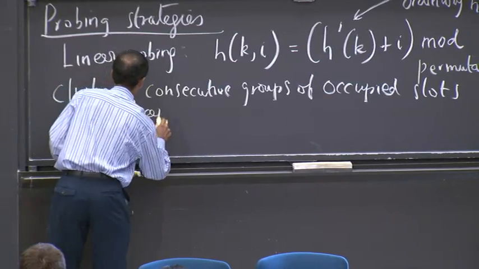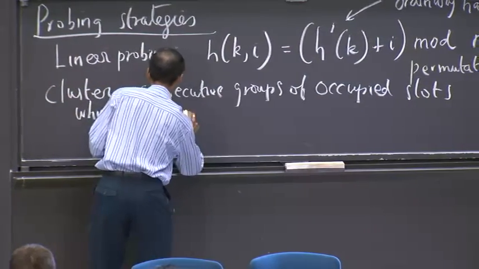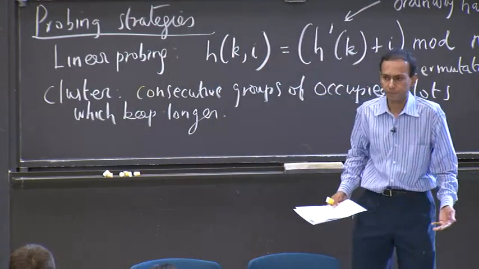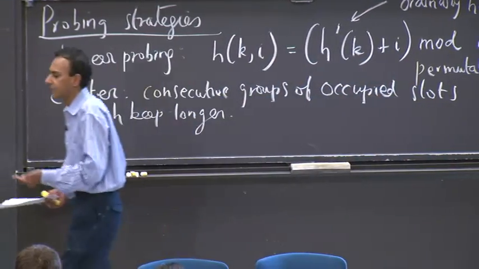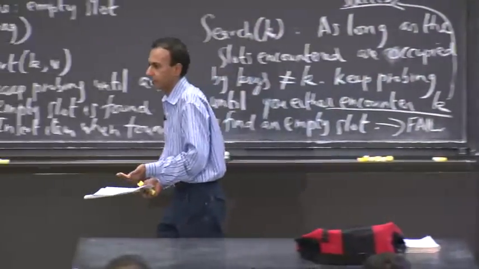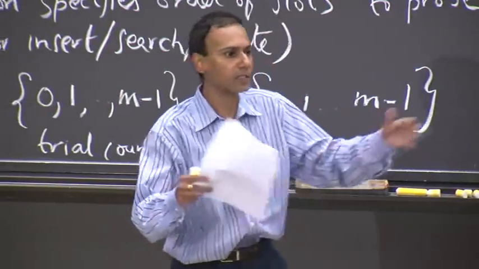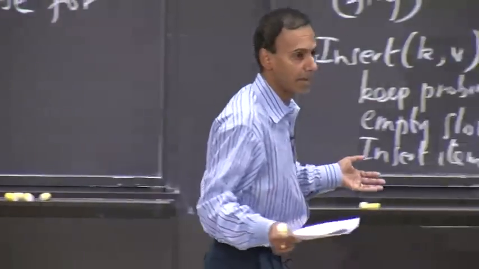And so these clusters get longer and longer. And if you have a big cluster, it's more likely to grow bigger, right? Which is bad, which is exactly the wrong thing for load balancing. I mean, clustering is the reverse of load balancing, right? If you have a bunch of clumps and you have a bunch of empty space in your table, that's bad, right?